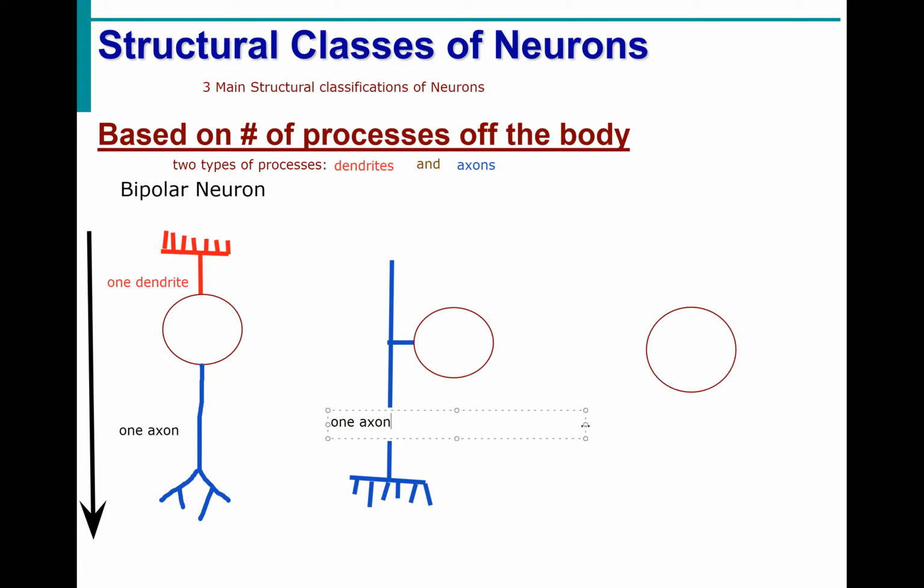It has one axon off to the side. Now, obviously, it still needs to be able to receive information, so it needs to have dendrites. But in this case, the dendrites actually don't connect to the cell body. The dendrites actually connect to the axon. So what's unique about this one is that the dendrites attach to the axon.